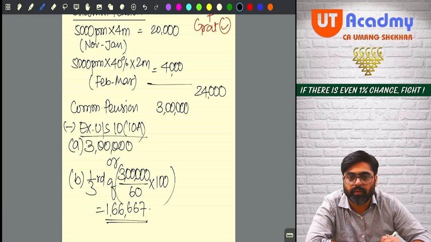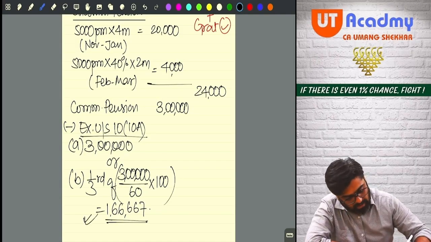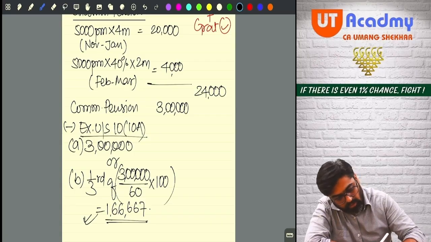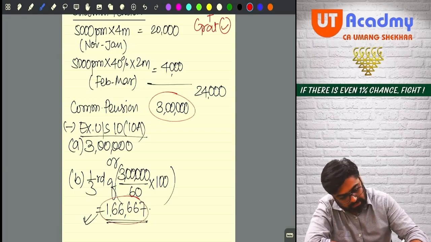Done? So either this amount or 3 lakh, whichever is lower, he is going to get the exemption of 1,66,667. So out of 3 lakhs, if this amount is exempt, how much is taxable, friends?